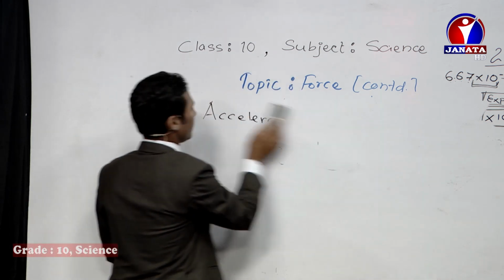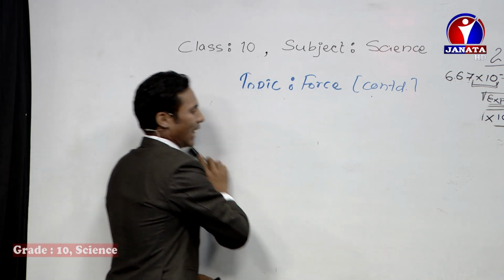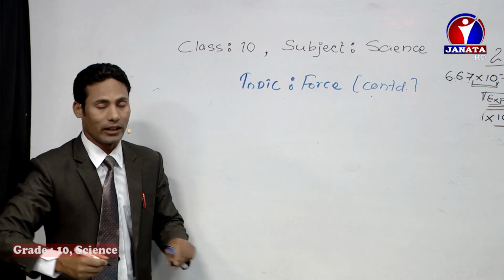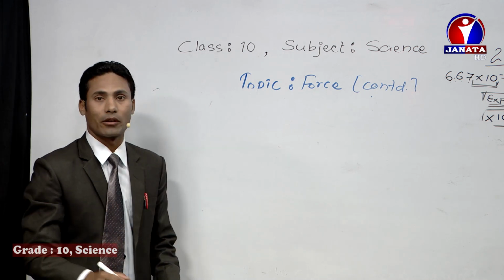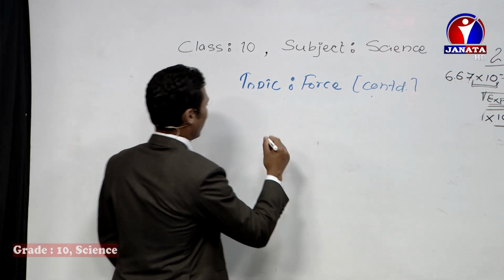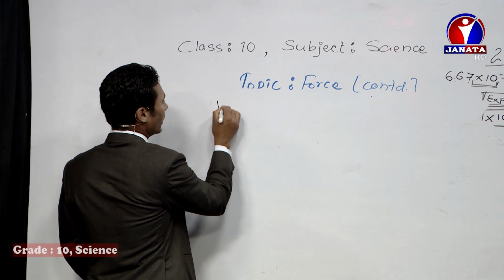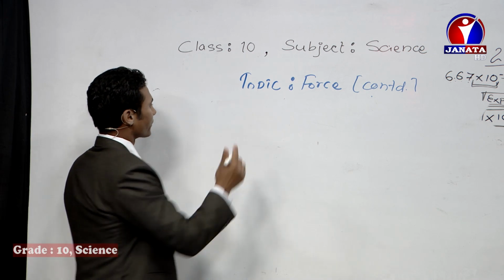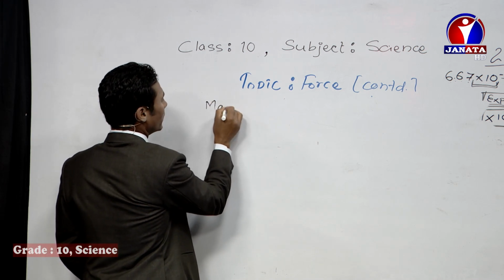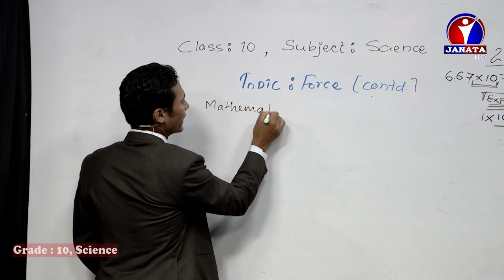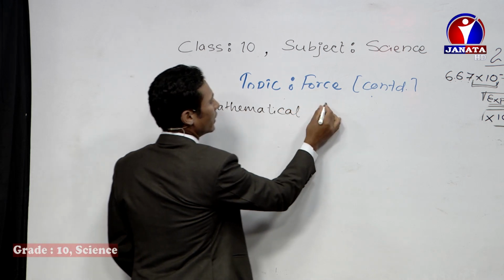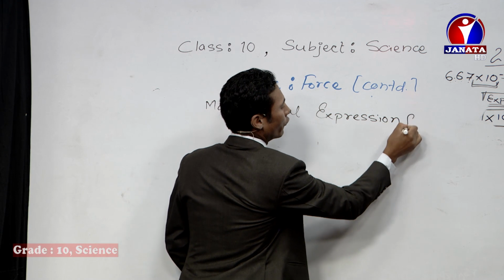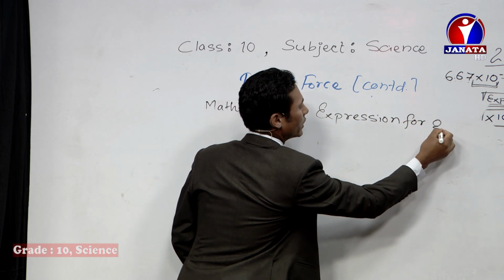For this one, I will not write down the language; I will simply write down the steps only. You can get the language from other sources also. Here we are going to calculate the mathematical expression for small g.